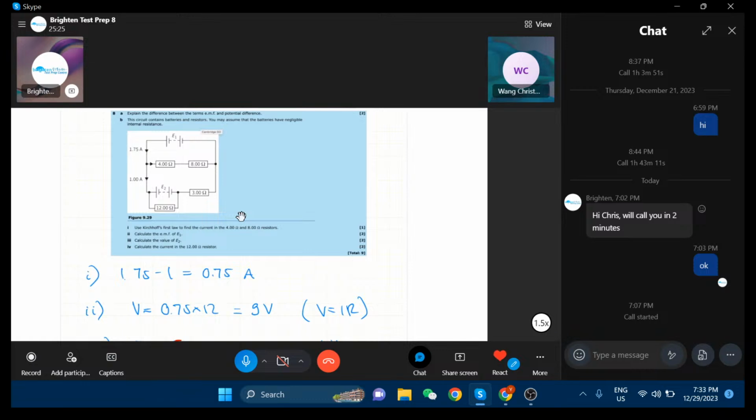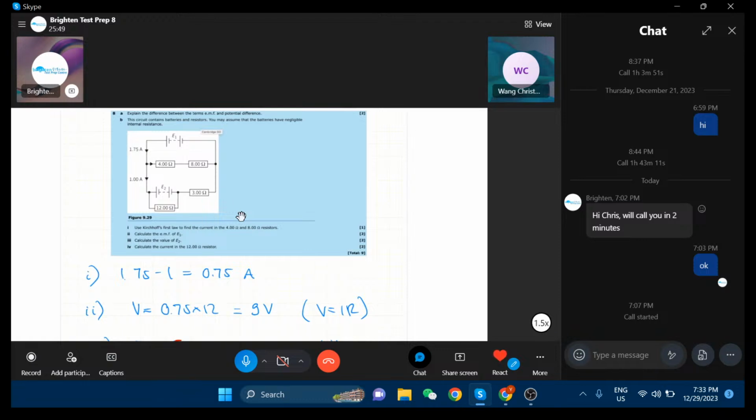No, independent of that direction, Chris. Which value? I mean, which EMF counts for the resistor? I think both. Okay. Why would that be?